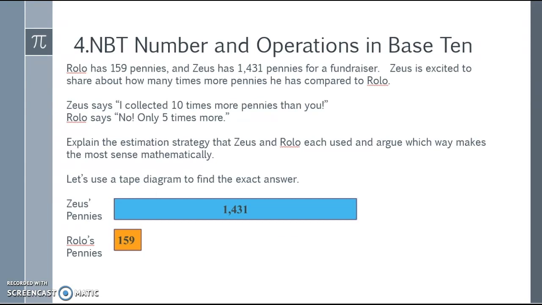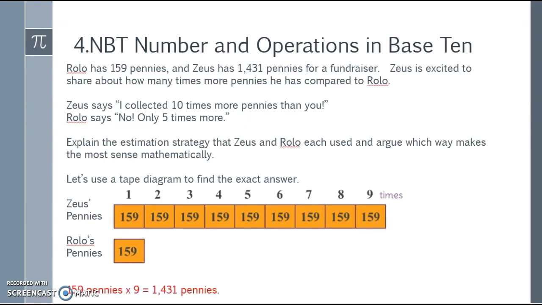Let's use a tape diagram to find the exact answer. Zeus's pennies were 1,431. Rollo's were 159. I need to know how many orange can fit onto the blue bar. I see that 159 will fit on the blue bar 9 times.